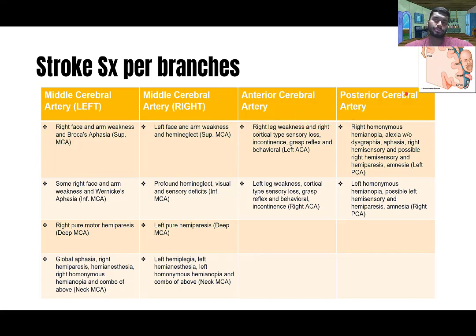The reason being, again, is that if the ACA is occluded, then the part of the brain it supplies will die off, and if this part of the brain dies off, then you have loss of function, which is leg movement. So the ACA will cause right leg weakness, whereas the MCA, which controls this area, if there's an infarct to the MCA, it'll cause death to this part of the brain, and death to the brain means loss of function for that area. So you will have right face and arm weakness.